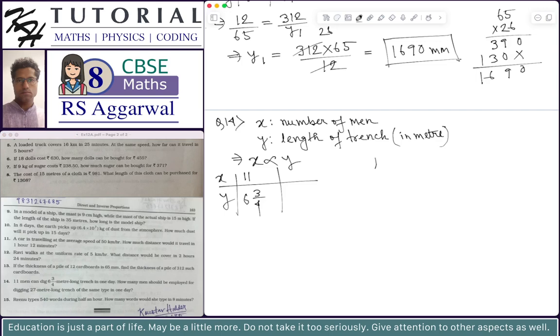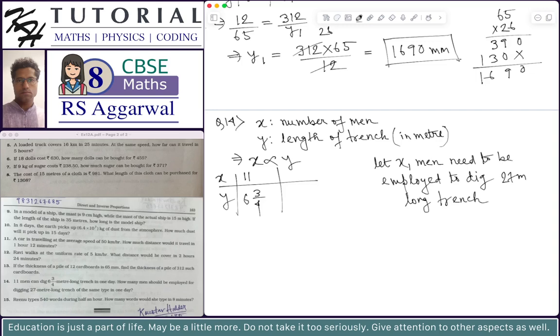So let X1 men need to be employed to dig a 27-meter long trench.